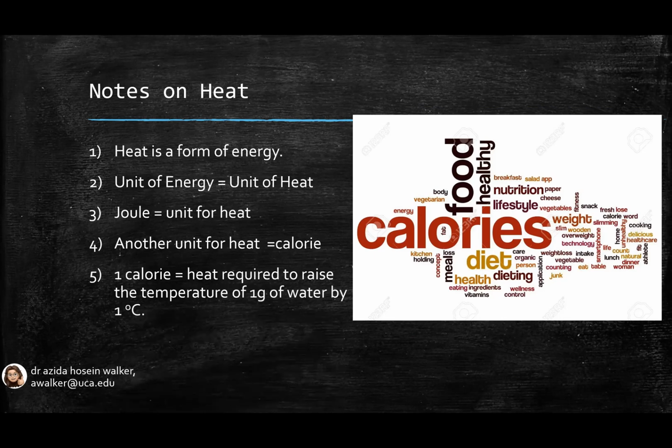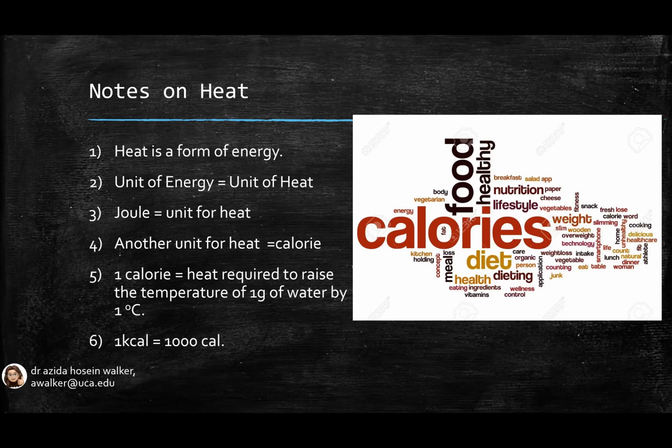And a calorie is the amount of heat that's required to raise the temperature of 1 gram of water by 1 degree Celsius. So if you can think of taking 1 little gram of water, putting it on a little heating element and then measuring how much heat we need to add to raise that 1 gram of water by 1 degree, that's going to be equivalent to a calorie.